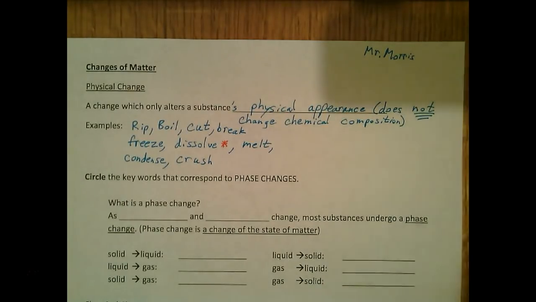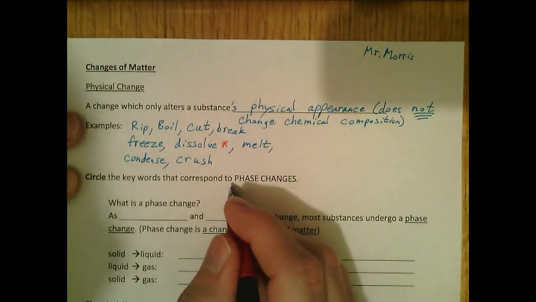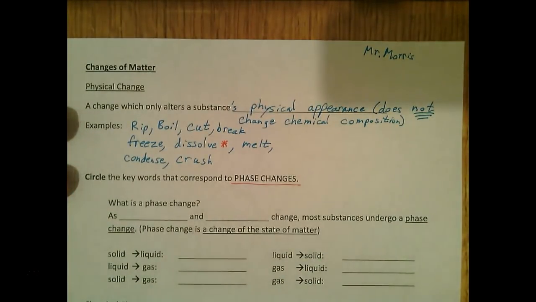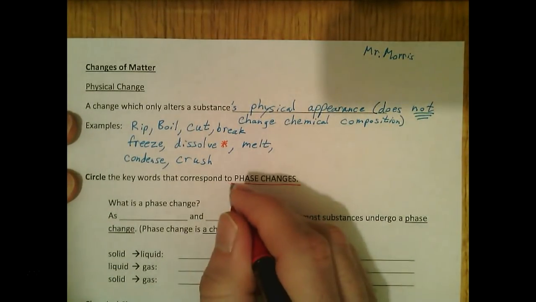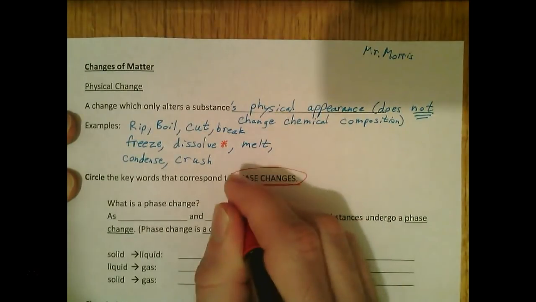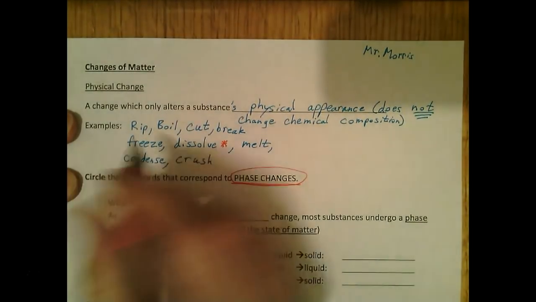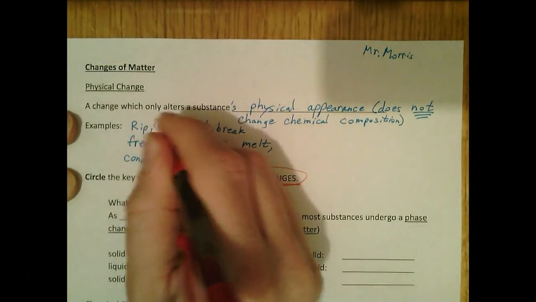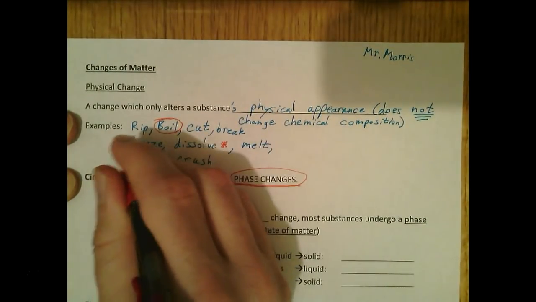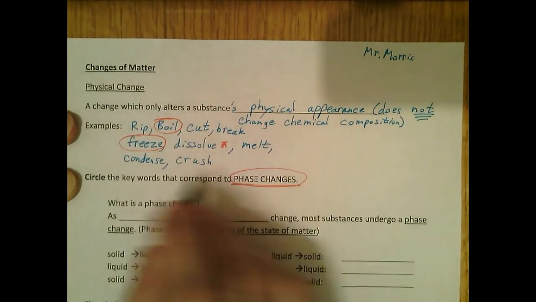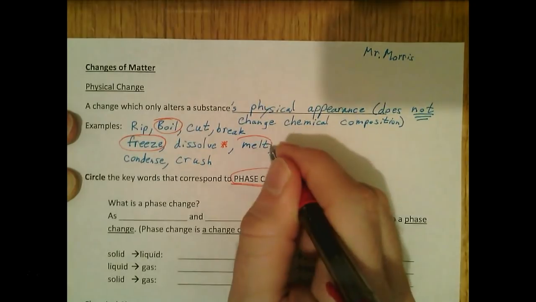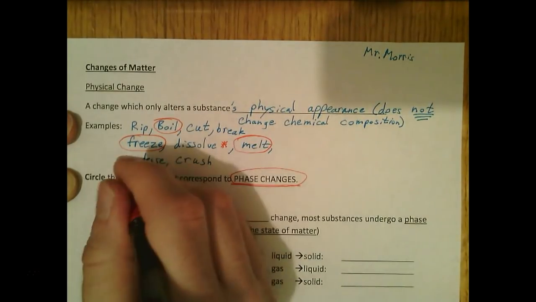I'm going to circle in red the ones that are a change in the state of matter, because right down here we're talking about the ones that correspond to phase changes. Okay, phase changes or changes of the state of matter. The phase changes are boiling, freezing, melting, and condensing.